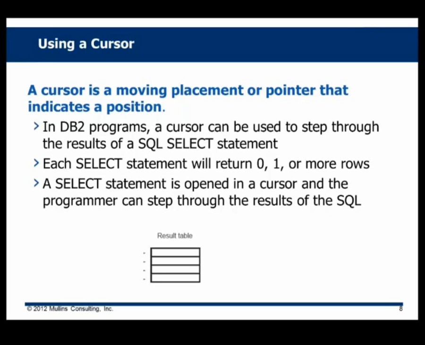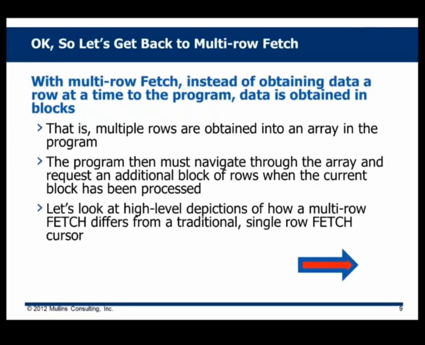Each statement that you issue is going to return 0, 1, or more rows. You'll get an SQL code back if you got 0 rows. You want to get to the end of the cursor. And basically, we just take this result table and fetch from it a row at a time. Okay, so we've got relational closure, set versus record at a time processing, and what a cursor is.